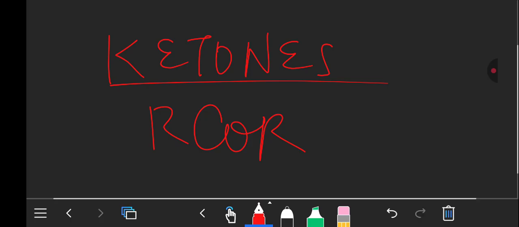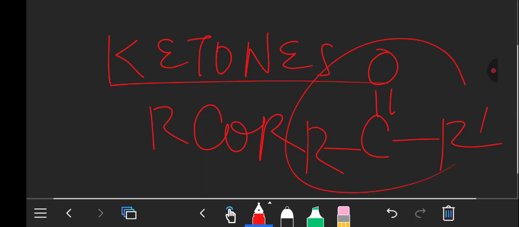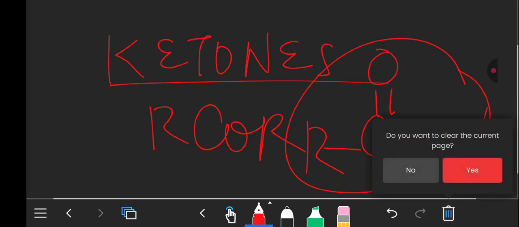They are compounds with a carbonyl functional group. This is what we call a carbonyl functional group. Okay, so we might have this carbonyl there, then bonded to a certain aryl group and another aryl group. So this is what we call a ketone.